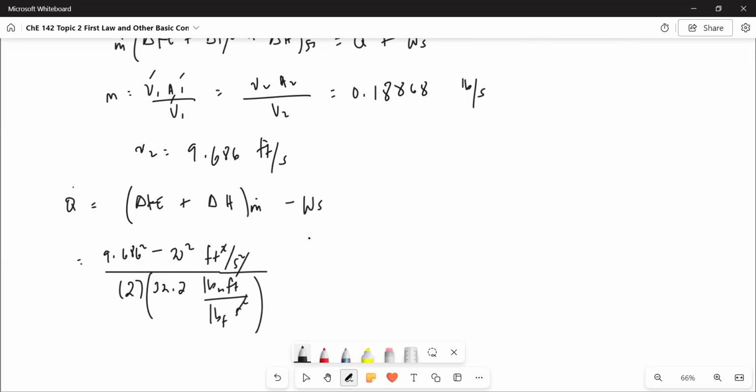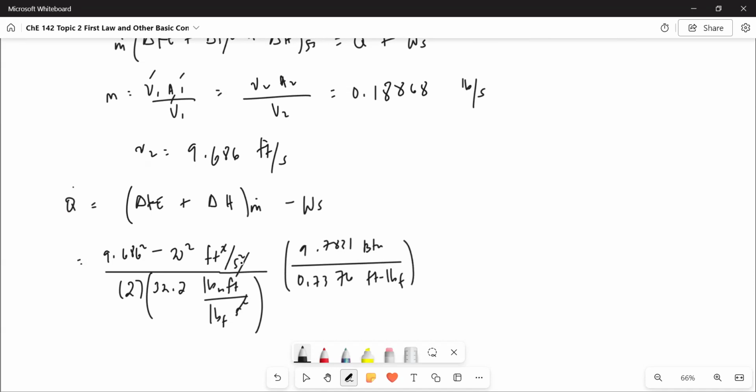So we have to convert that again to BTU, and I use this conversion. One BTU is equal to 778 foot pound force, or 0.7376 foot pound force.